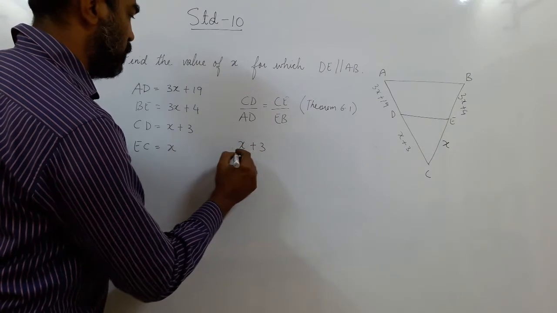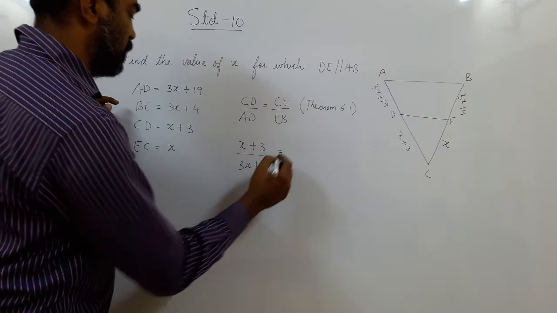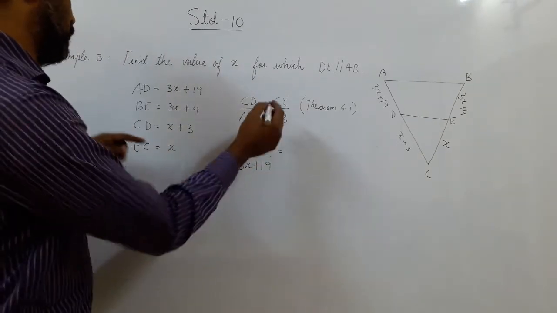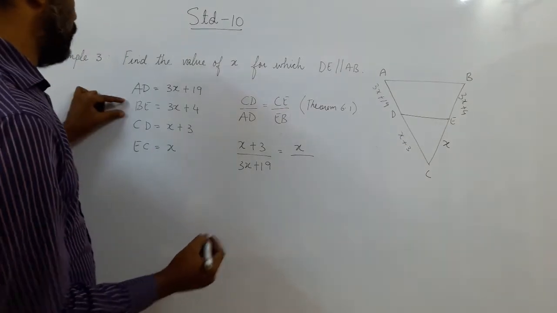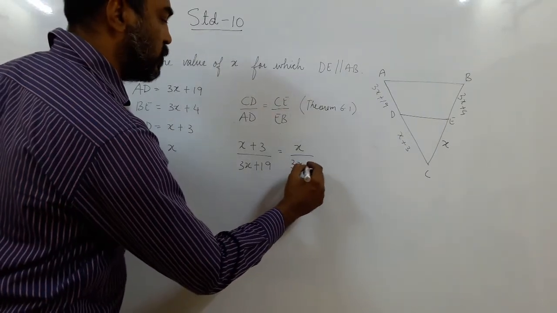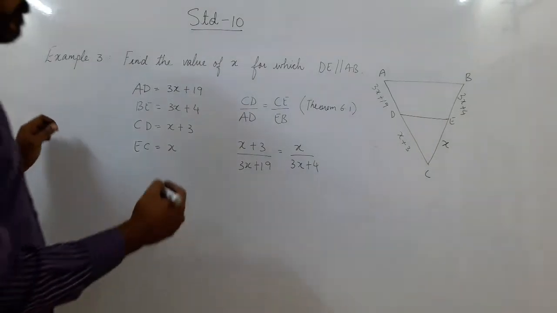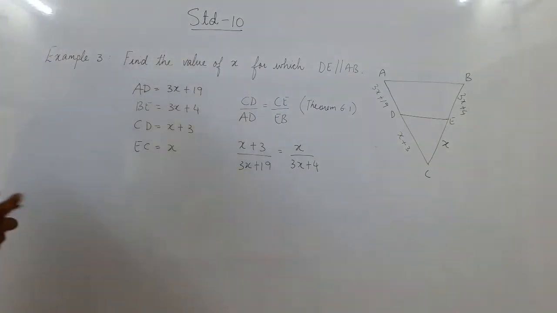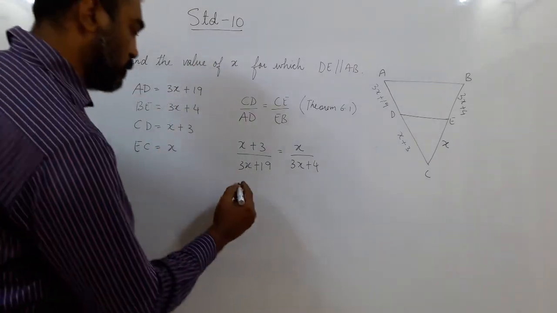So x plus 3 upon 3x plus 19 equal to CE x upon EB 3x plus 4. Can you cross multiply? You can continue the sum on your own and I will do it on the board in some time. I will do it my way, then you can compare your answer.